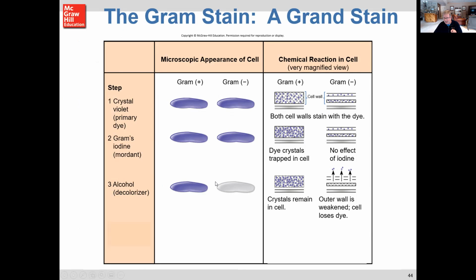It decolorizes, it removes the color from the gram-negative cell walls. If you were to examine the cells at this time under the microscope, the gram-positive would still retain the purple color, while the gram-negative cell wall would be colorless. You wouldn't see any color. It's been washed out.